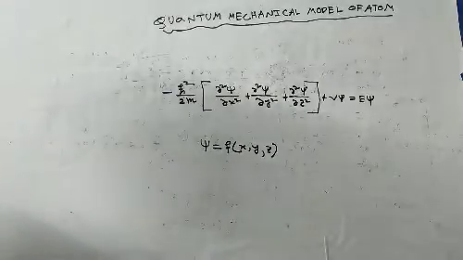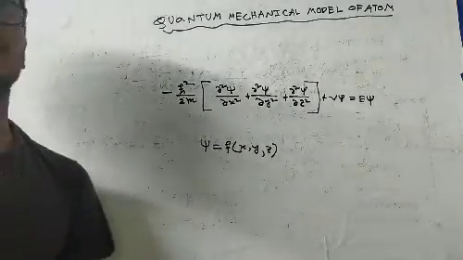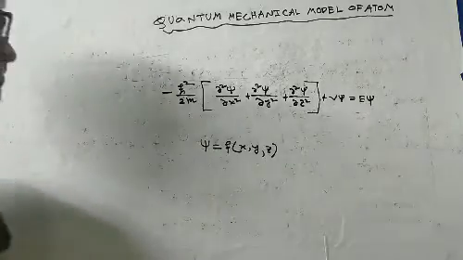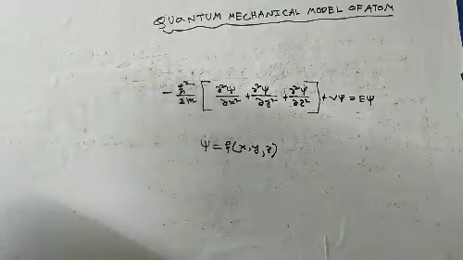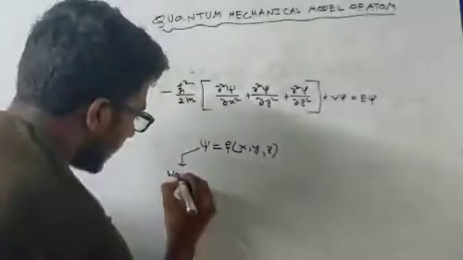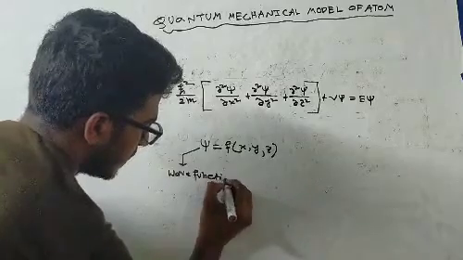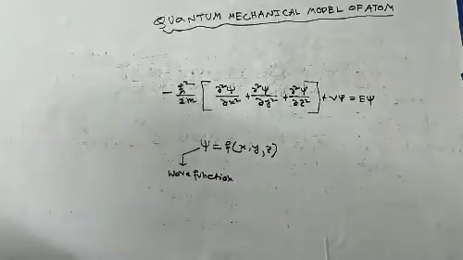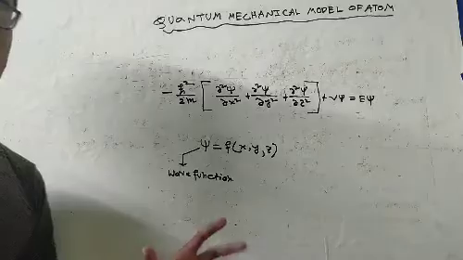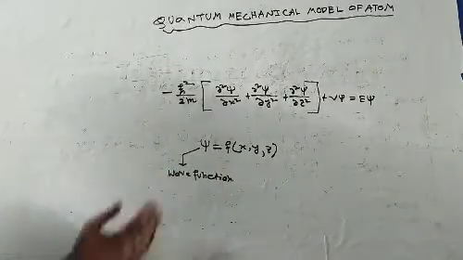Now the question is, what is psi? Why are we bothered about psi? What is the interesting matter about psi? This psi is called the wave function. Psi is a mathematical equation, and this mathematical equation is called the wave function.